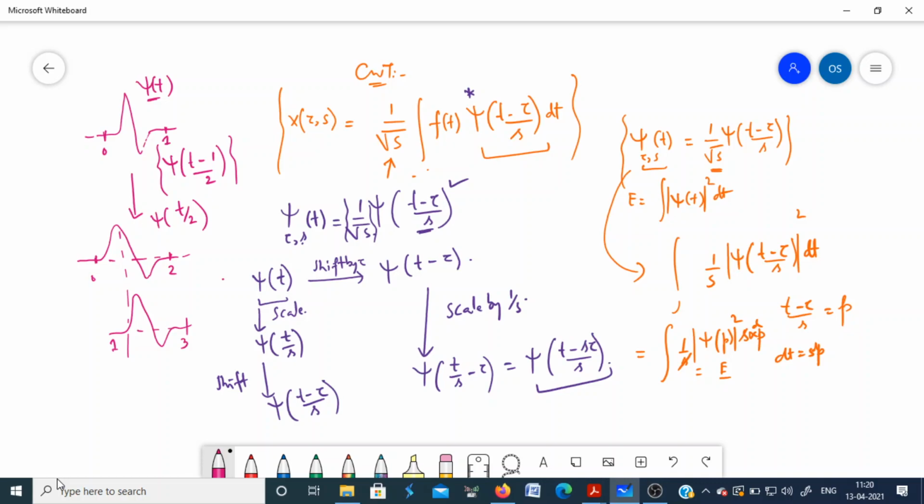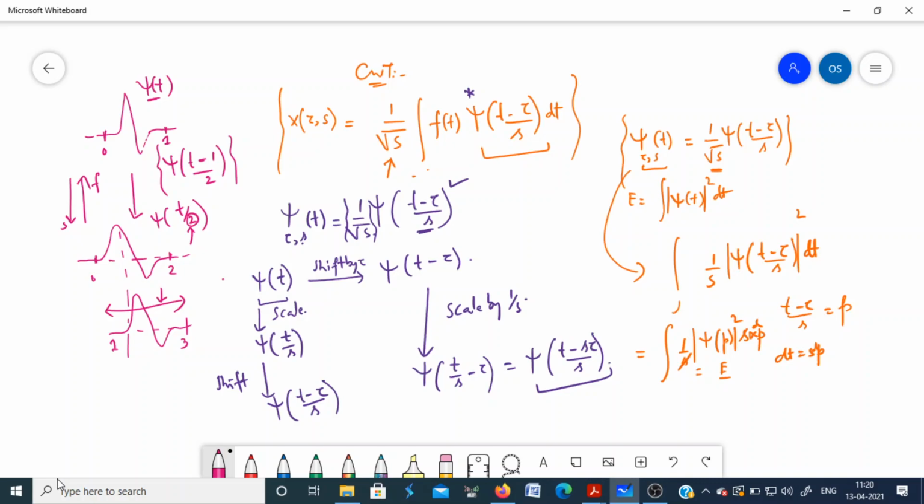Since scale is in the denominator, increasing the scale means you are basically decreasing the frequency. You are stretching the signal. If you stretch it by a factor of 2, its frequency will become half. So if you decrease scale, you increase the frequency of the wavelet, isn't it? So you have to scale it by some factor, then you have to shift it.